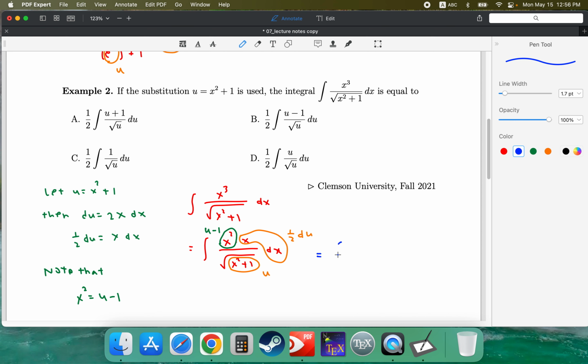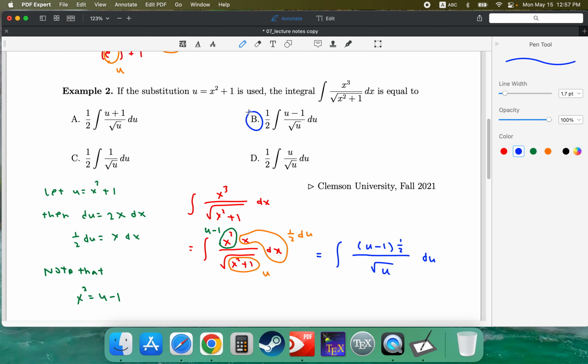So I will have a new integral, and this time I don't have any x anymore. I only have u's. So I have u minus 1 times 1/2 du over the square root of u. So I want you to choose B.